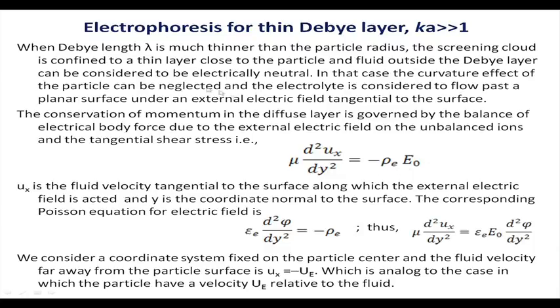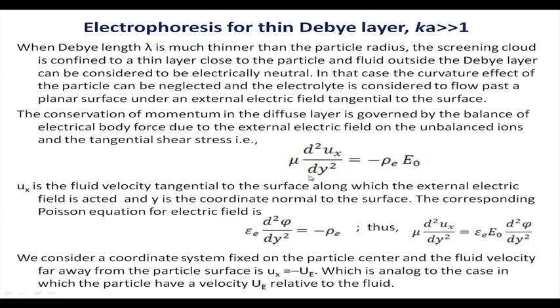Okay. So, the screening cloud is confined to a thin layer close to the particle, and the fluid outside the Debye layer can be considered to be electrically neutral. In that case, the curvature effect of the particle can be neglected, and the electrolyte is considered to flow past a planar surface under an external electric field tangential to the surface.